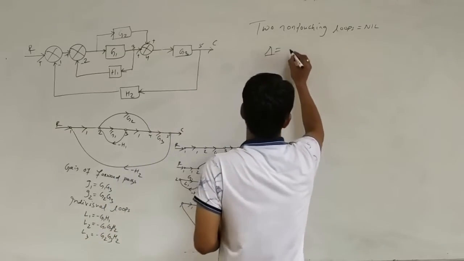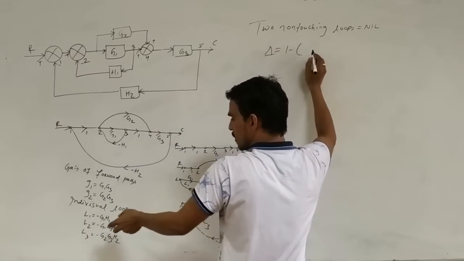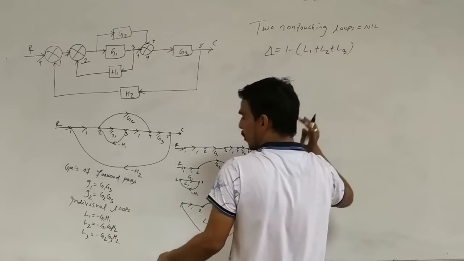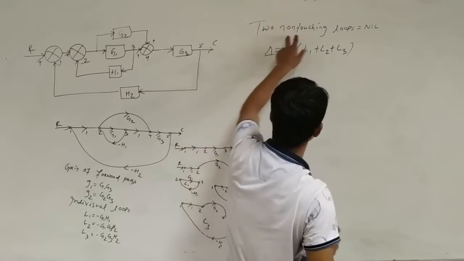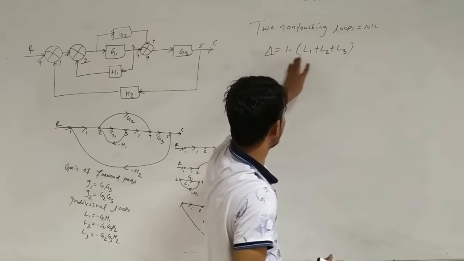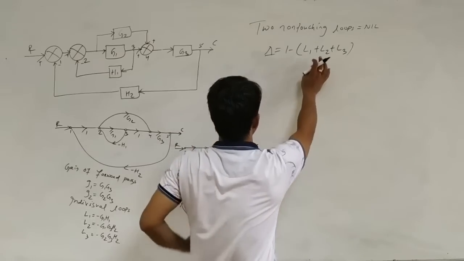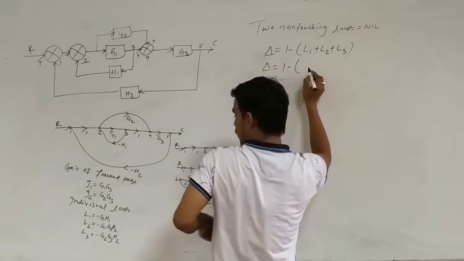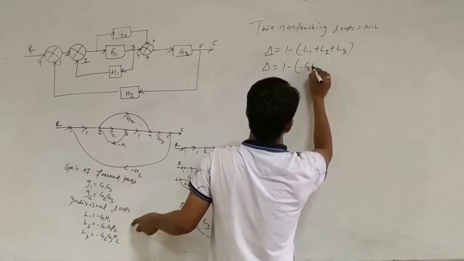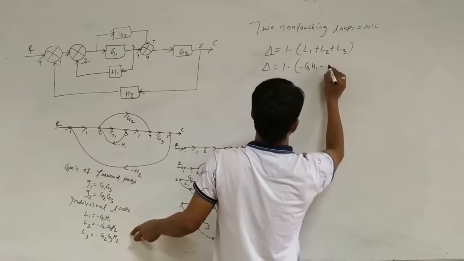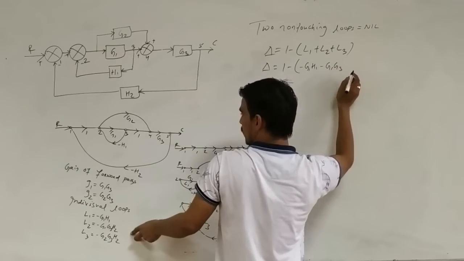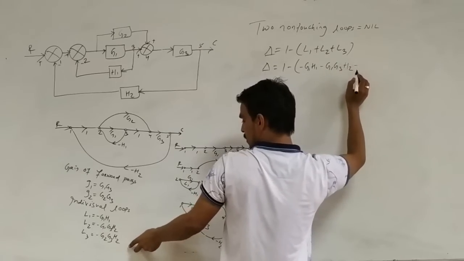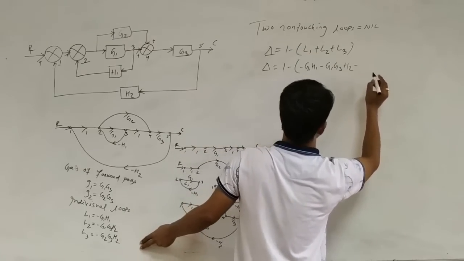So delta equal to 1 minus individual loops, that is how many loops are there? 3 loops, L1 plus L2 plus L3. Sum of all possible gain products of 2 non-touching loops: so 2 non-touching loops nil. So delta will be limited to this much only. So put the value of L1, L2 and L3. So delta will be equal to 1 minus L1 minus G1 H1 minus G1 G3 H2 minus G2 G3 H2.